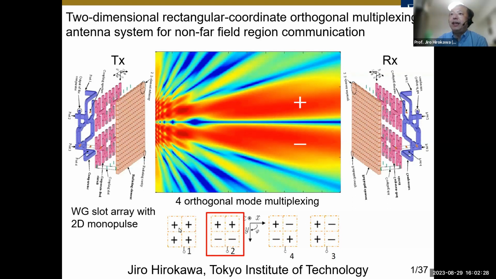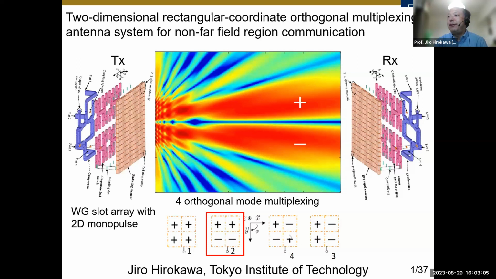So we have mode 1, where all 4 subarrays are fed in phase. And mode 2, where the top 2 subarrays are fed in positive phase, while the bottom 2 subarrays are fed in negative phase. And mode 3, where the left side 2 subarrays are fed in positive phase, while the right side 2 subarrays are fed in negative phase.